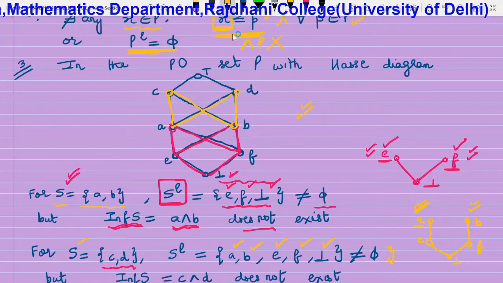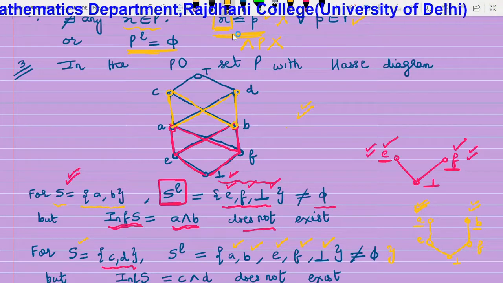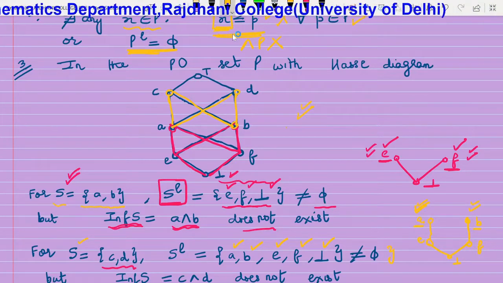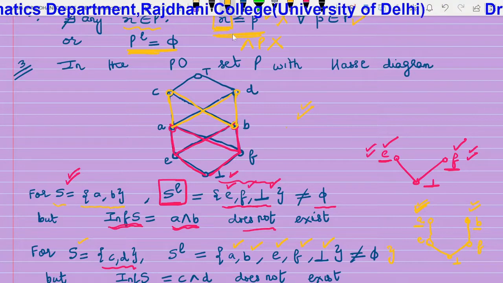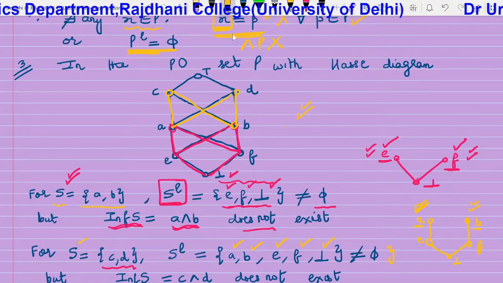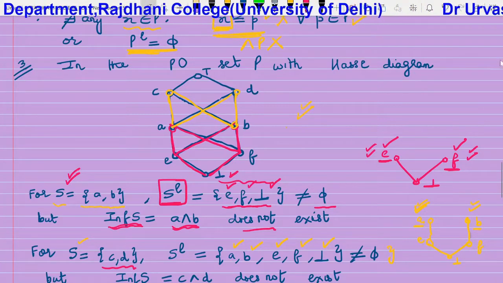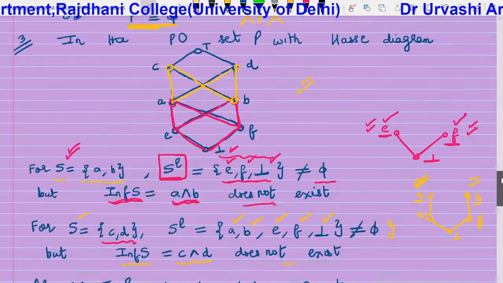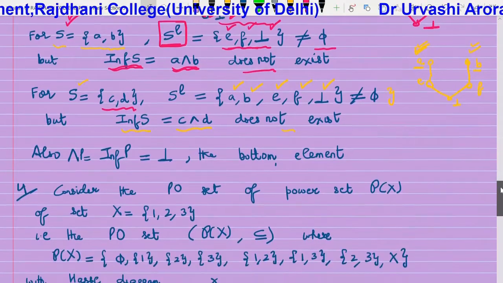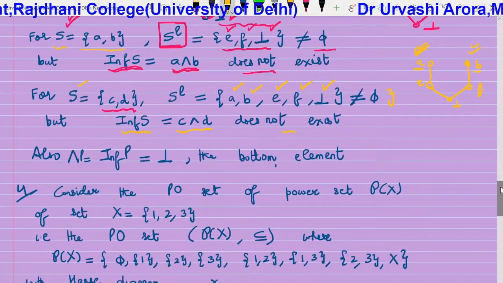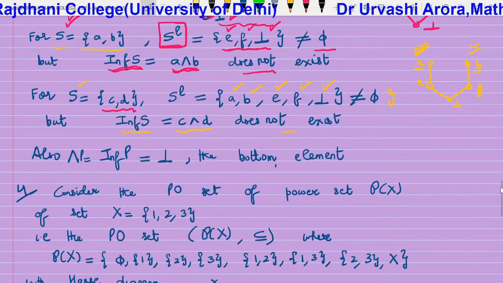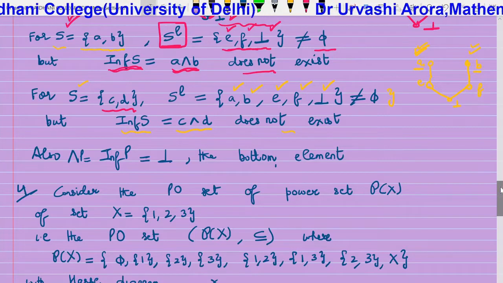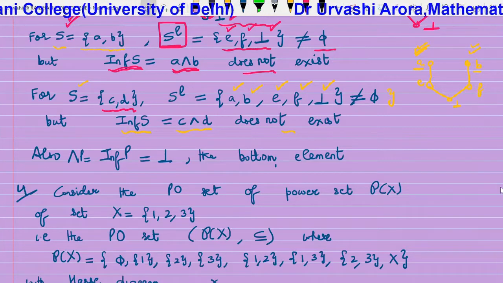But as far as A and B are concerned, none of them is greater. In fact, they don't bear any relation with each other. They are non-comparable elements. So the greatest lower bound of C and D is not existing, which means that the meet of C and D doesn't exist. So even though there are so many lower bounds of C and D, the greatest lower bound or the infimum of C and D, or the infimum of S, or the meet of C and D, doesn't exist.